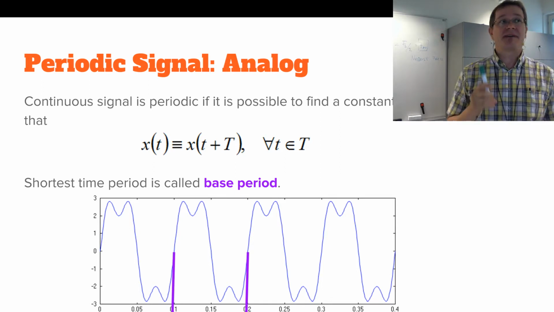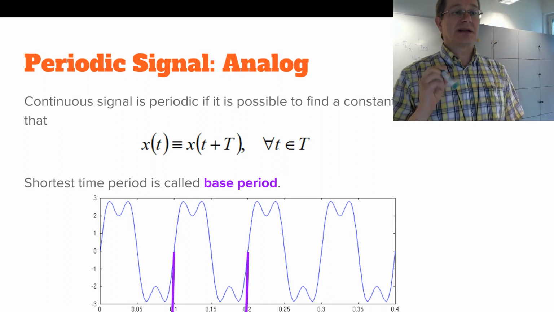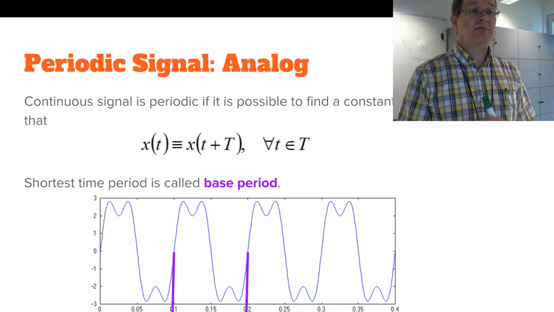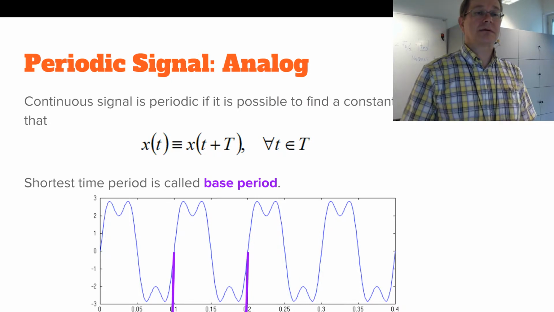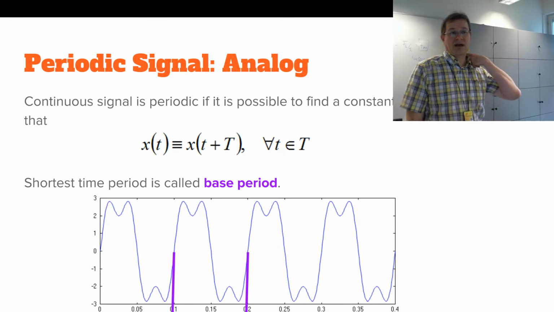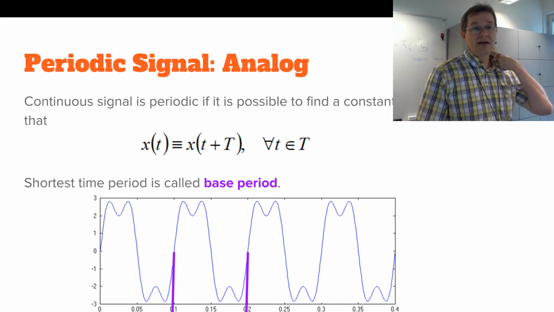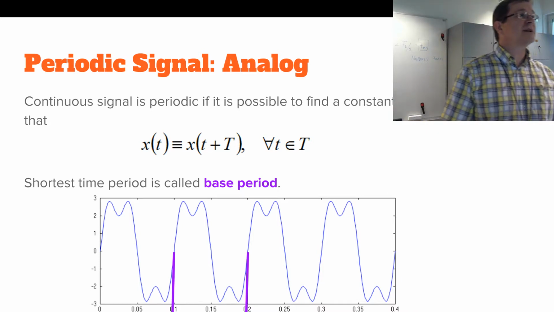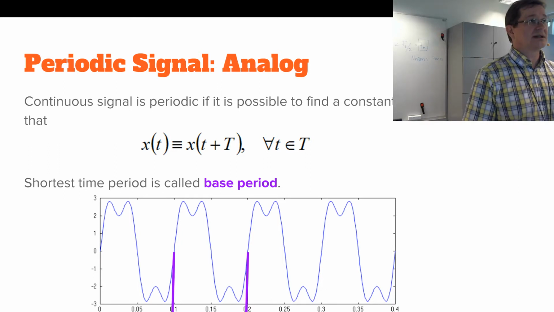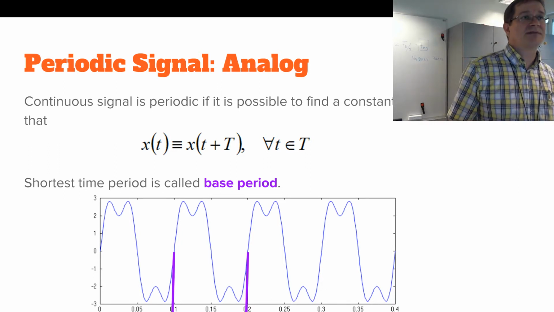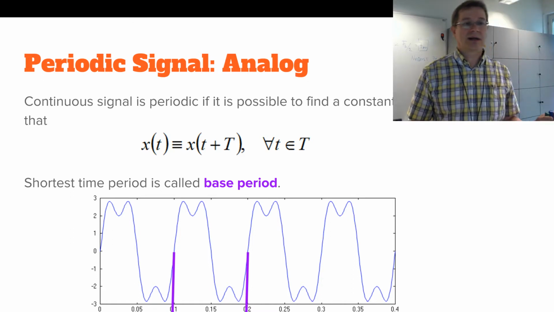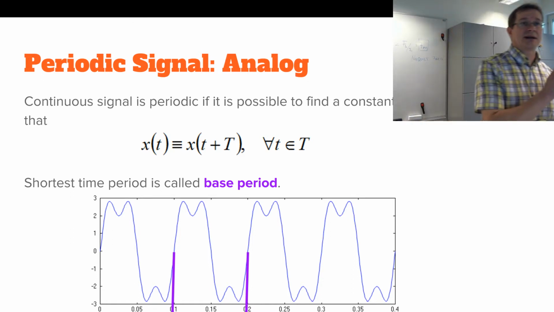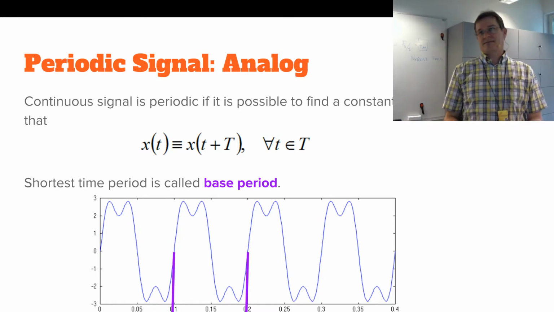So, more about the fundamentals of signals. Then we have periodic signals. Mathematically, we have a periodic signal if and only if we can find a constant time shift that you can add to the signal, and you get the same signal without the shift.